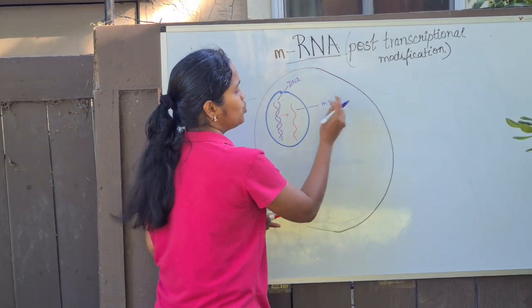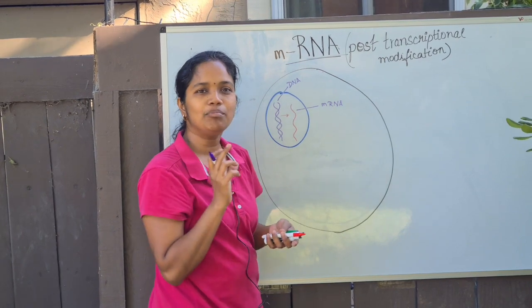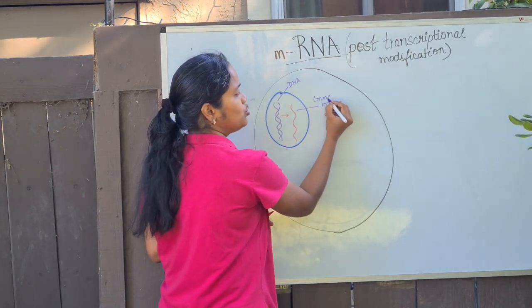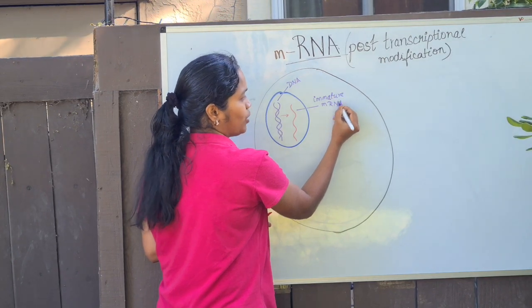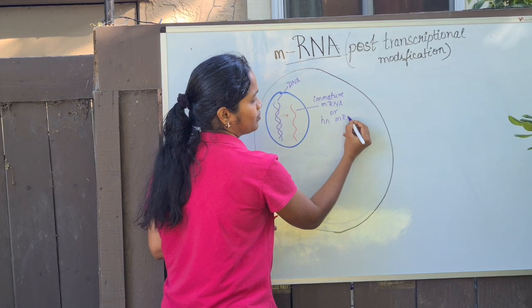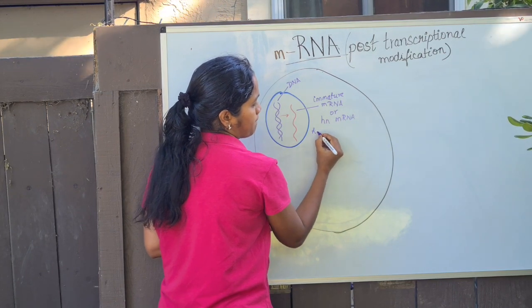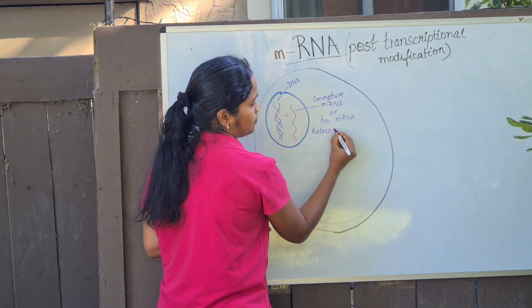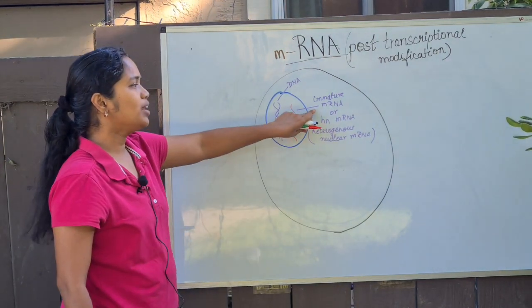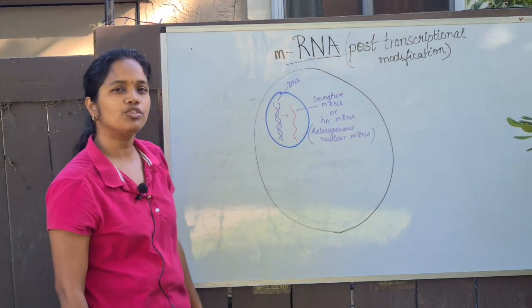right? So this mRNA is in the immature form. You can call it immature mRNA or heterogeneous nuclear mRNA. Why is it called immature or heterogeneous nuclear?